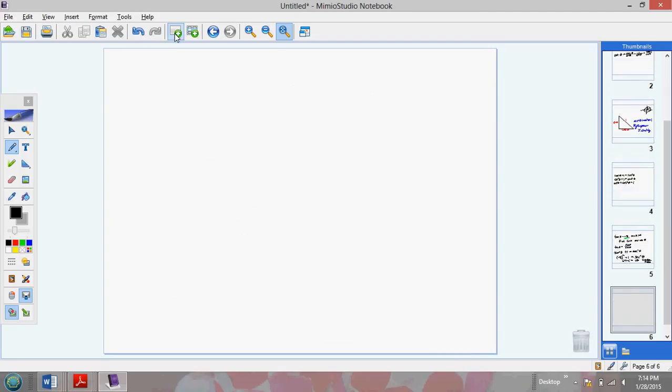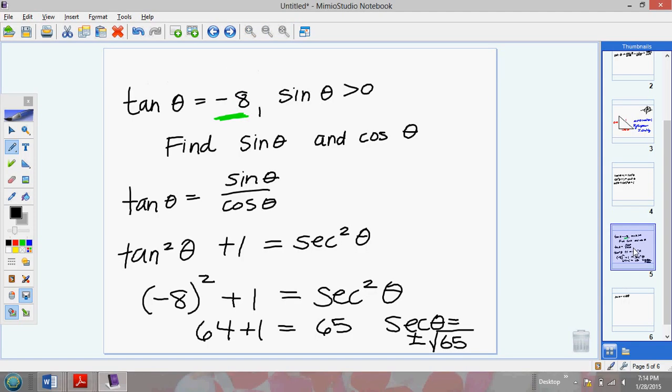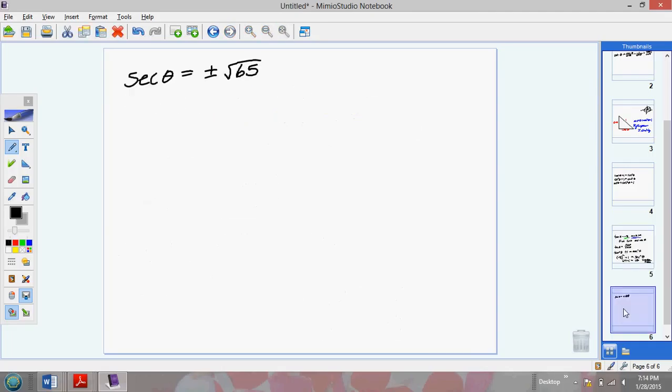So I know now that secant theta is equal to plus or minus the square root of 65. We were told that sine of theta needs to be greater than 0. Because sine of theta is greater than 0, we know that cosine theta must be less than 0. How do we know that?